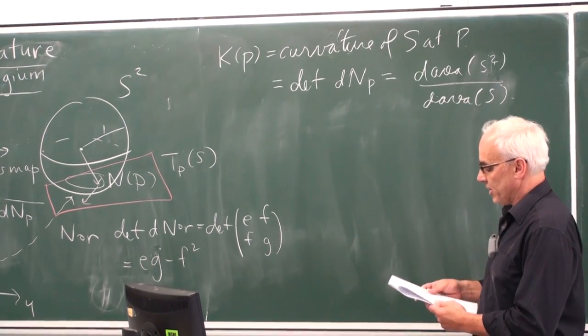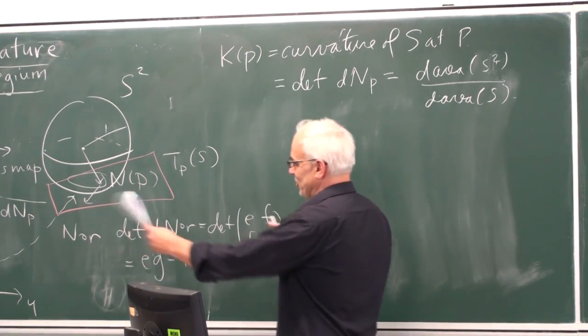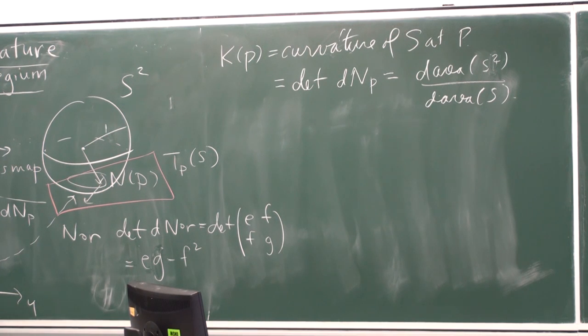I'll explain what these things are in a second. But in terms of these two determinants, we can understand the curvature as the ratio of determinants, one from here to here and one from here to here.